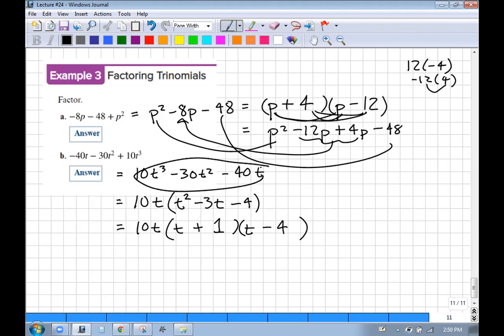If I have this equal to 0 and I ask you what t's make this equation equal to 0, I have no idea. But if I rewrite it like this, I could tell you, well, a 4 would work, a -1 would work, or a 0 would work. So when it's factored, the solutions are obvious. That's why we're learning how to factor.